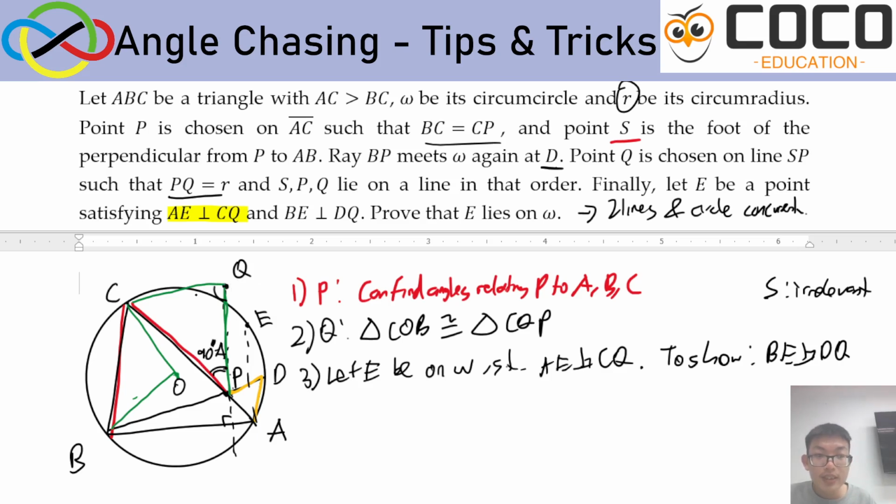In other words, AE being perpendicular to CQ should just imply that angle QCA plus angle CAE equals to 90 degrees.